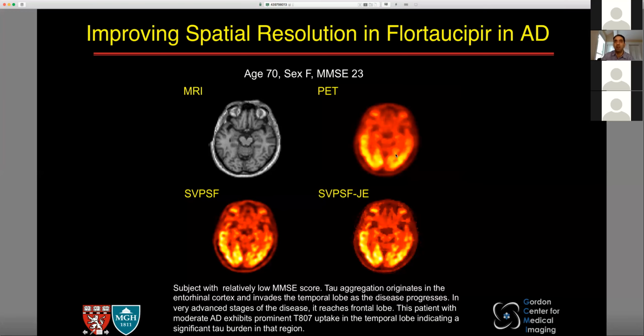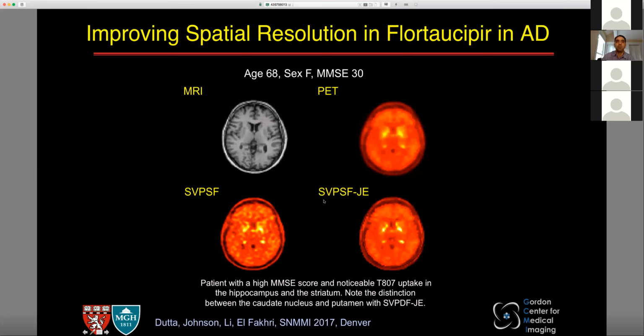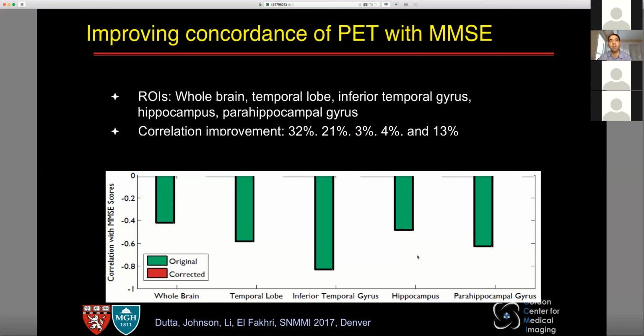All right, here's another example. And you can see here again how you can improve in these areas, and you don't improve elsewhere because there's no information elsewhere. What is again very important with PET-MR is that not only do you improve the image quality, but if you look at the correlation between our imaging and the neurological clinical diagnosis, our correlation is very poor.